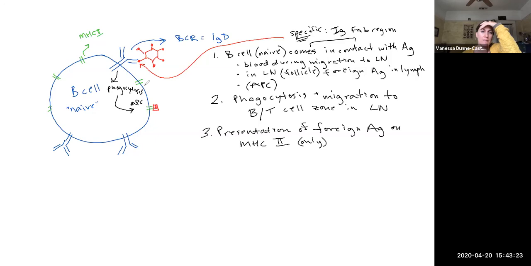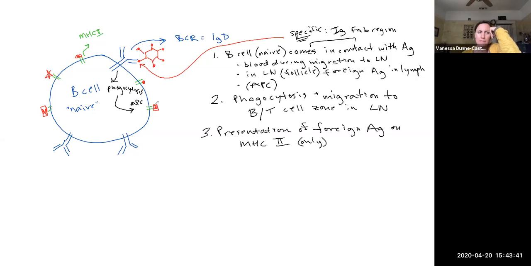All the different types of antigens it can extract out of this pathogen or the molecules that it digested. It's going to present a whole bunch of foreign antigens on the surface of its membrane through MHC class II.